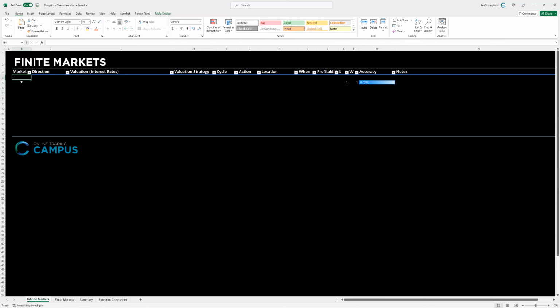So as we're looking at Apple, and we're looking at an uptrend, we're looking at undervalued, and we're looking at a trend following strategy, and we're looking at 30-day cycles, the action is to buy in weekly and daily demand, when seasonality.